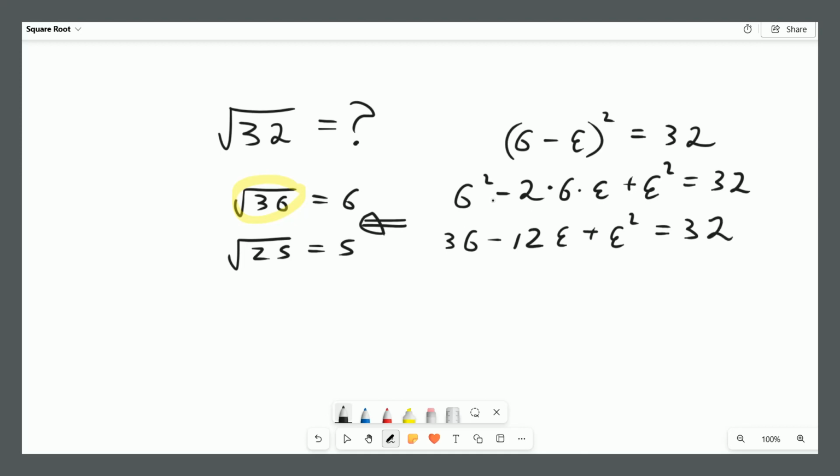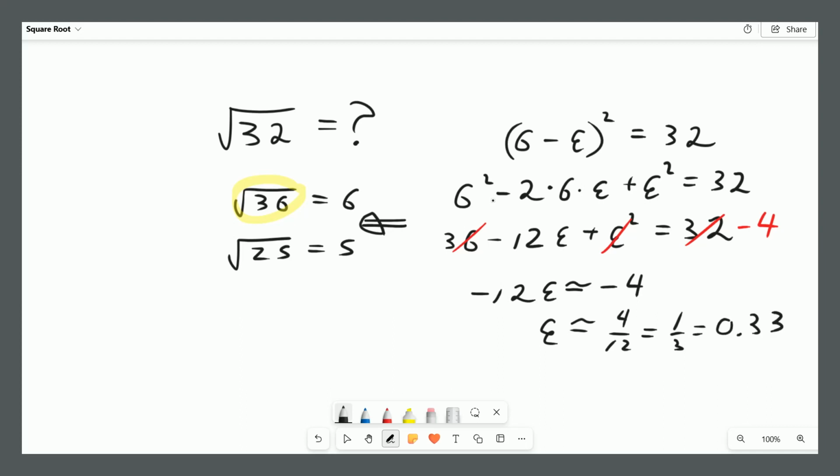Bringing the 36 over to the other side gives us a minus 4, and we cancel out epsilon² because epsilon itself is already less than 1, greater than 0. Epsilon² will be even closer to 0. So we cancel it out because it's approximately 0. So we have negative 12 epsilon is approximately equal to negative 4. So epsilon is approximately equal to 4 over 12, or 1/3, or 0.33.